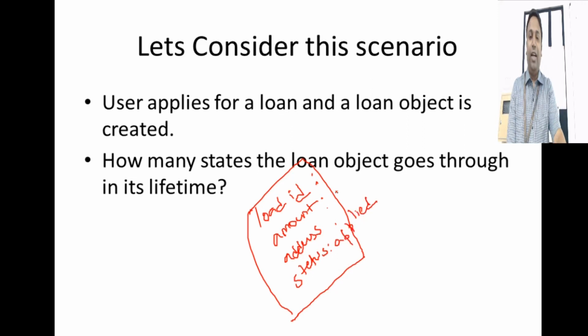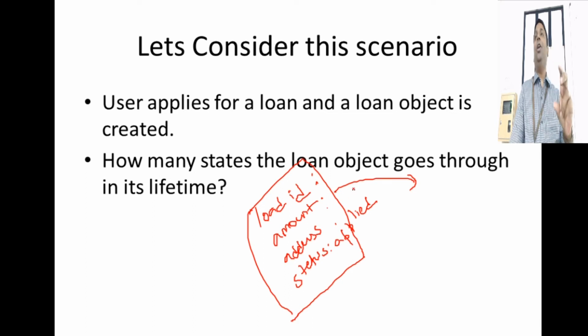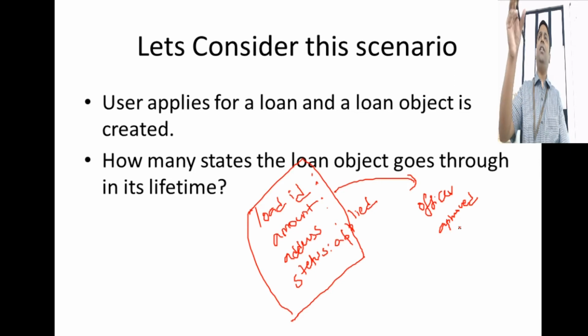From here, it can go to the next state. What do we mean by state change? The values of a variable should change. For instance, when the loan officer approves the loan, it can go to the officer approved state. A state change is nothing but a change in the values of its variables. Initially it was in the applied state, and from there it goes to the officer approved state.